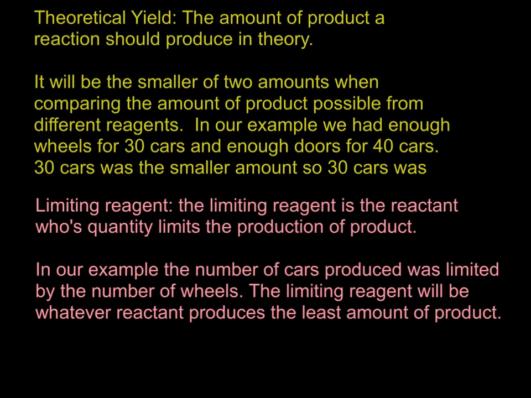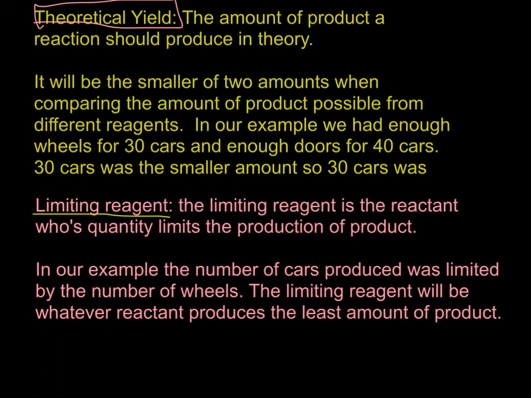All right, here's a very colorful summary of 2 of the terms that we met on the previous slide. Limiting reagent and theoretical yield. Theoretical yield is the amount of product a reaction should produce in theory.